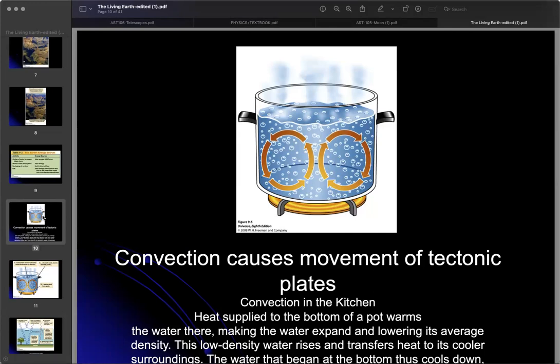This produces these convection circles. Convection happens in a lot of places in nature, and especially on Earth. There's convection within the oceans, there's convection in the Earth's atmosphere, and there's convection in the internal structure of the Earth.